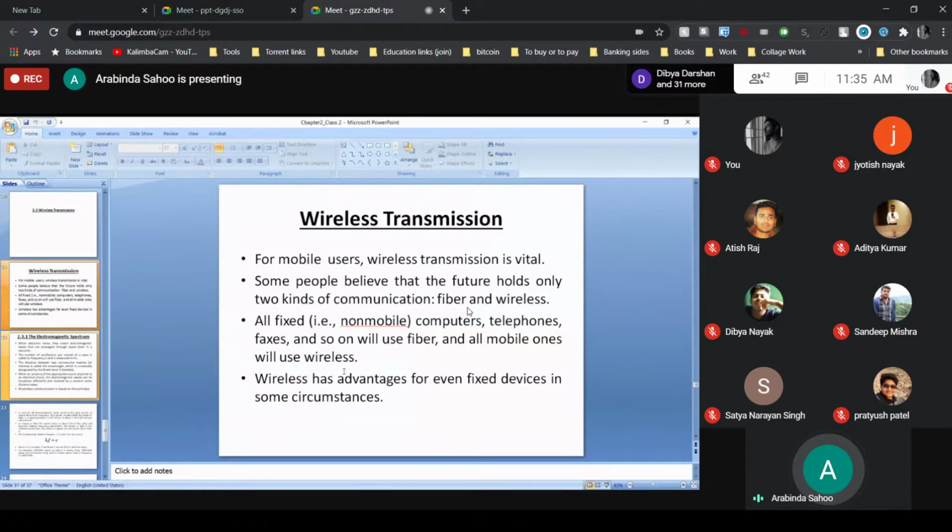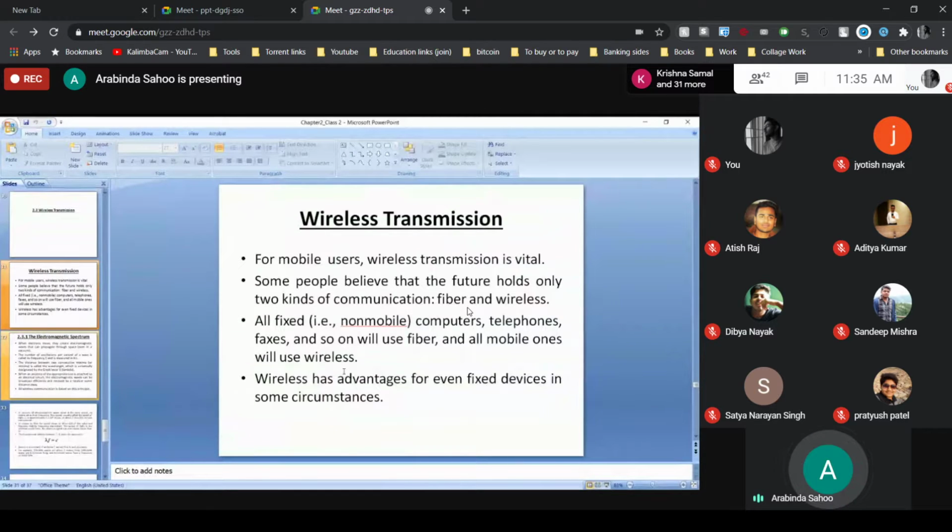But if you consider in general, all fixed computers, telephones, faxes can be used using your fibers, and all mobile phones must use wireless to communicate with each other. Wireless has advantages even for fixed devices in some circumstances, as we discussed.